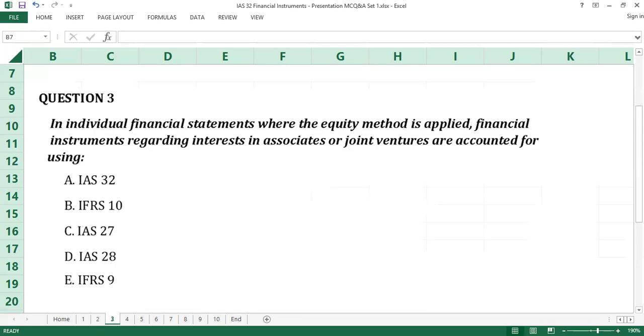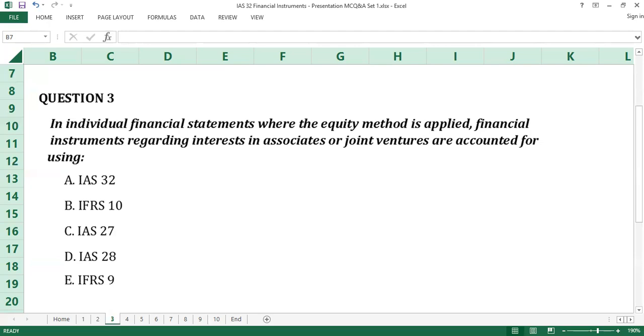Question number 3. The answer to question number 3 is D, IAS 28. That the financial statements are individual financial statements is a direct pointer that they are neither consolidated financial statements nor separate financial statements. That the equity method is applied signals that investments in associates or joint ventures are neither accounted for at cost nor fair value, in line with IFRS 9.